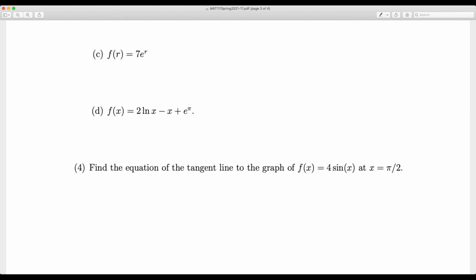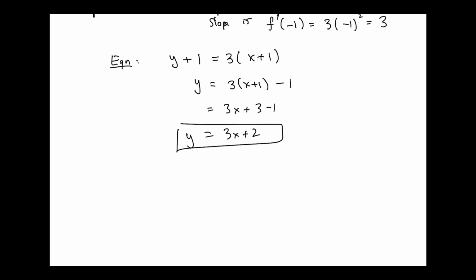All right, so the last one here, let's see. The equation of a tangent line at x equals pi halves. Oh, no. What's the problem here, Dr. McKinney? Let me go back to my sheet. All right, so actually let me just go to a clean page here. f of x equals 4 sine x tangent.